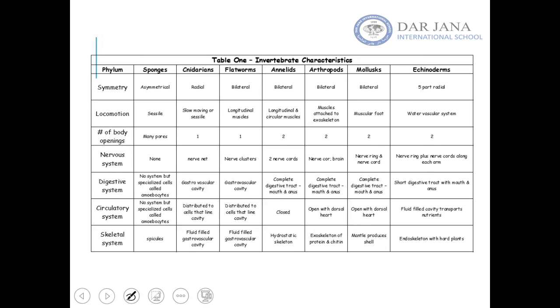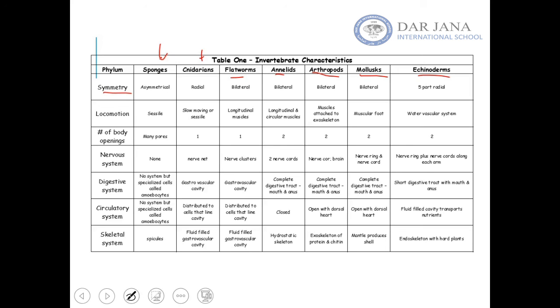This is a table showing you the different phyla. Okay, we have phylum sponges. We have cnidarians, flatworms, annelids, arthropods, mollusks, and echinoderms. There are some characteristics we should know.